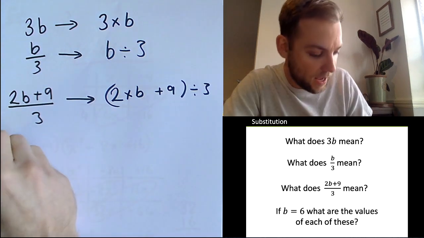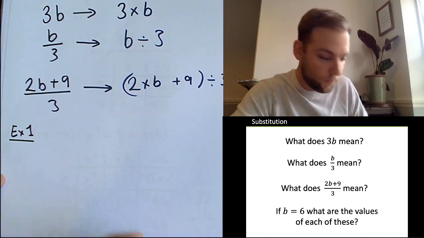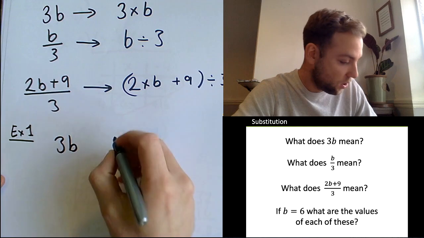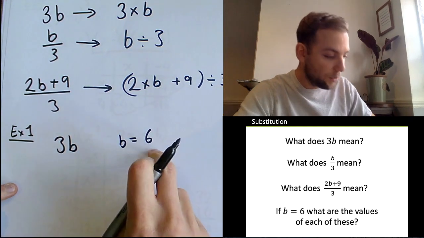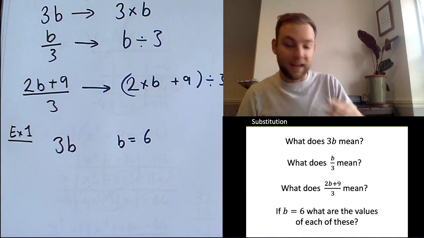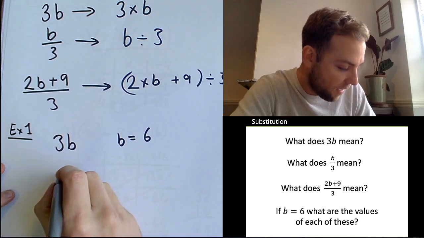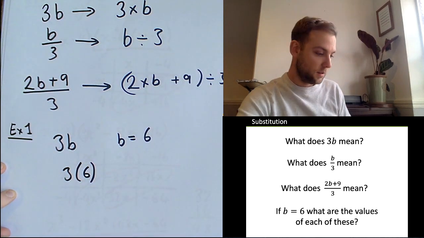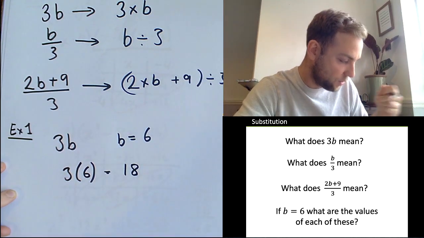So let's have a go at example 1. We've got our expression here, which is equal to 3b, and I'm told that b is equal to 6. If b is equal to 6, remember substitution means to replace. I'm replacing b with the 6, but I'm going to be using those mini brackets. And this is equal to 3 lots of 6. 3 times by 6 is equal to 18. 3, 12, 18.